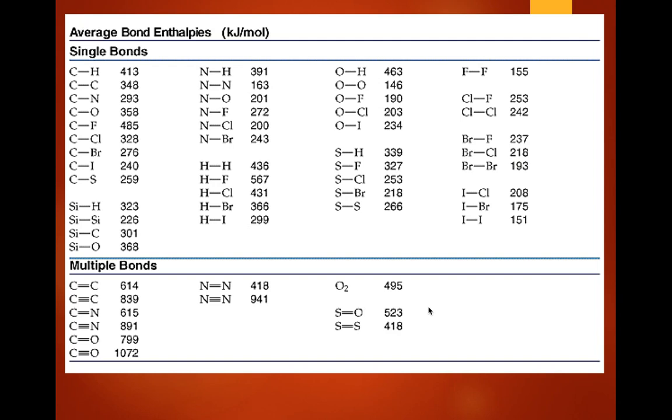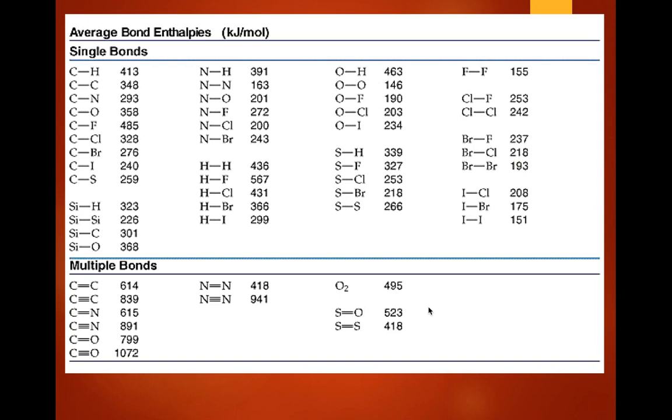We can also look at bond enthalpies on a table. The average bond enthalpies for some bonds are listed on this table. There are more extensive tables of average bond enthalpies, and they can be found online. Actual bond enthalpies are going to vary depending on the overall molecule.